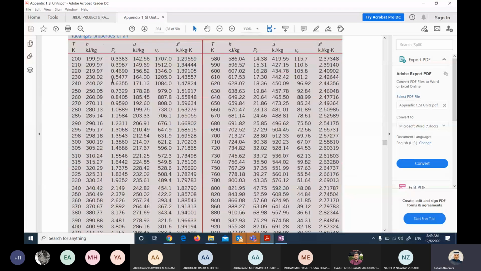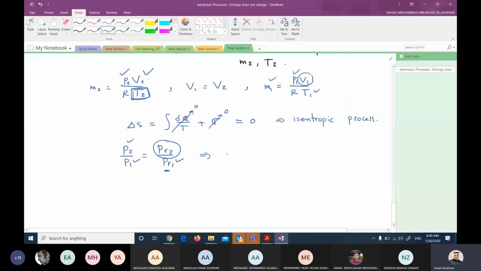From T1 I find PR1, and I already have P2 and P1. So if I find PR2, I can go back in reverse and find T2. Got the idea? So from here I find PR2.